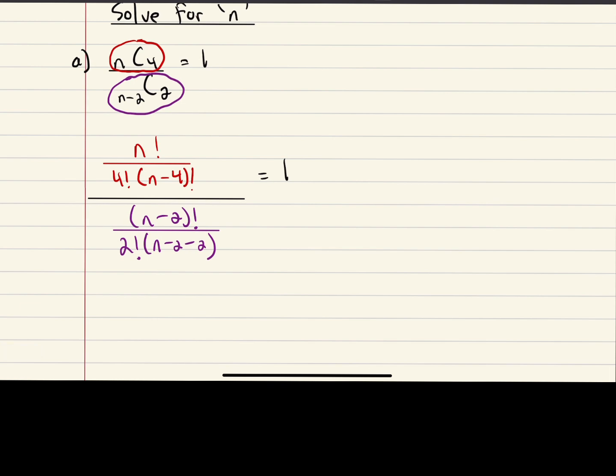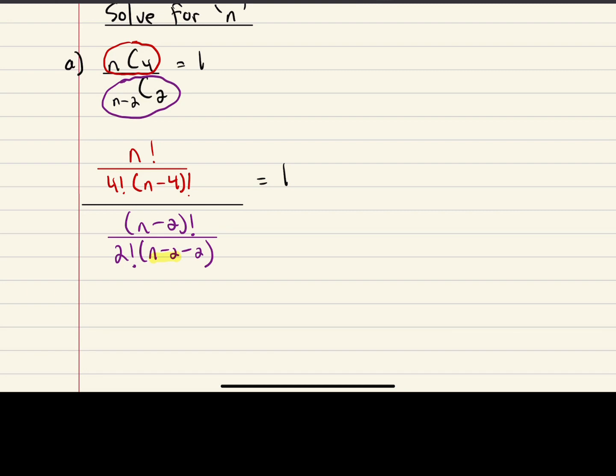At the top here, I have my nC4 expanded, and then at the bottom, I have my n minus 2 C2 expanded. One thing to keep in mind is that the entire n minus 2 is equal to the n portion. So I had to make sure to carefully sub that in for the n in that part of the formula.